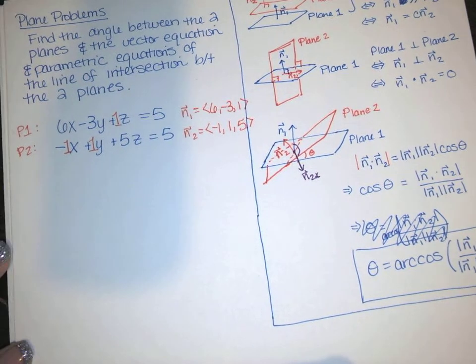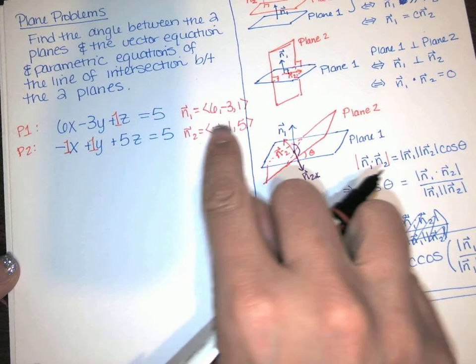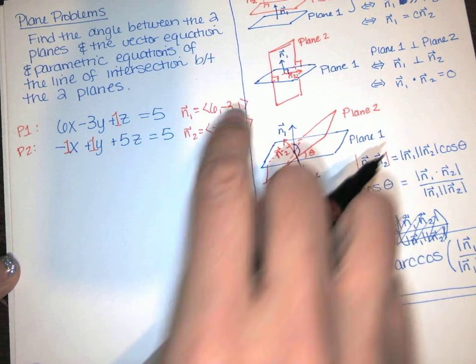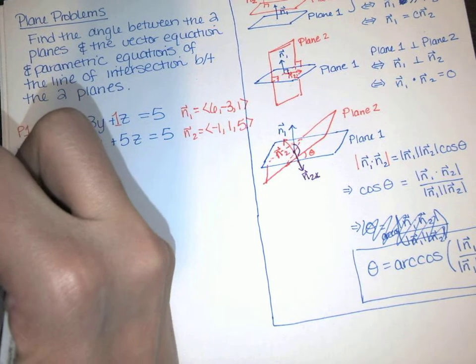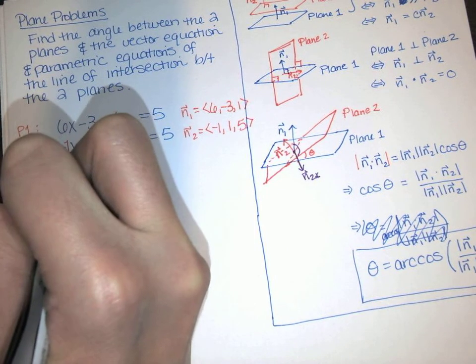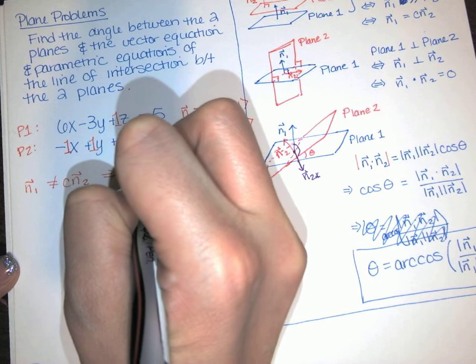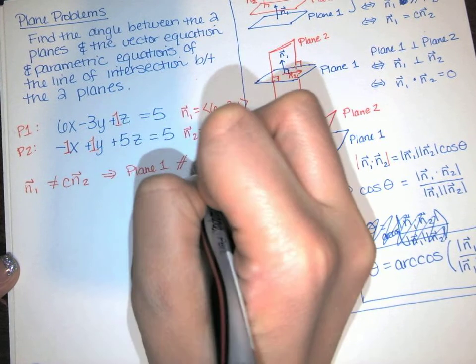And those are the components of that normal vector. Obviously, if I multiply this one by -6 to make that first component 6, I don't get that vector. So n1 is not a constant times n2, so the planes are not parallel to each other.